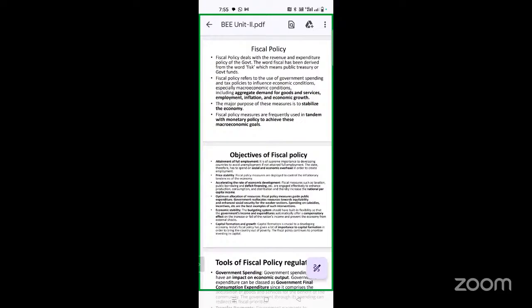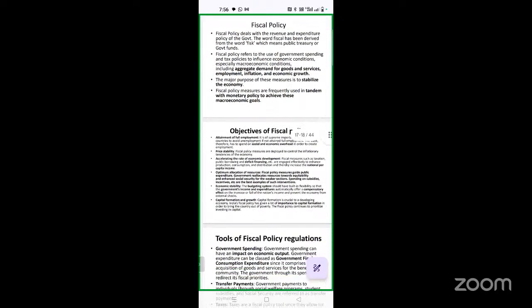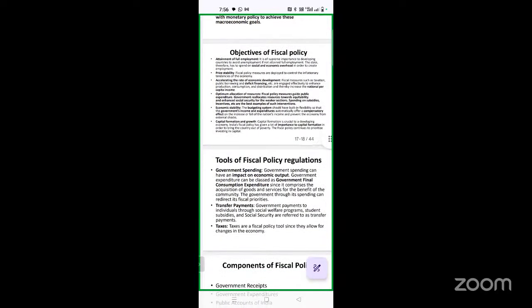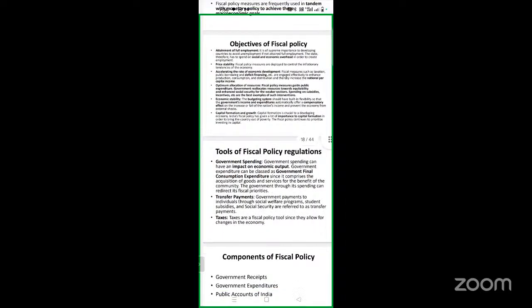Most of our money in India goes to defense, arms purchases, and defense services. If many people pay tax, then the deficit format never came. Now what is the objective of fiscal policy?